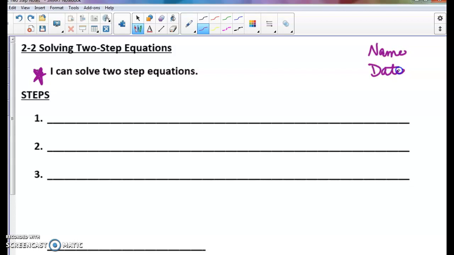So our steps for solving two-step equations are always kind of like our one-step: locate the variable and start to cancel or get rid of terms farthest away.